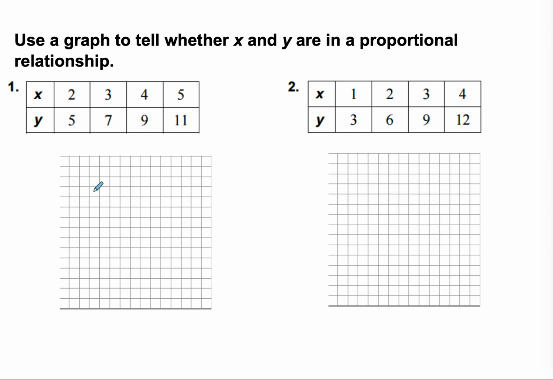So we need to start by setting up a graph. And because these are all positive numbers, I'm just doing a one quadrant graph. Okay, let's see. I've got 2 to 5. 1, 2, 3, 4, 5.